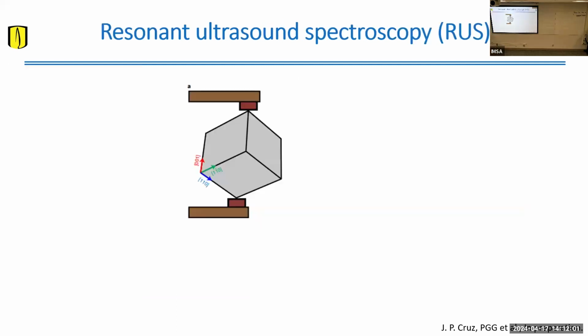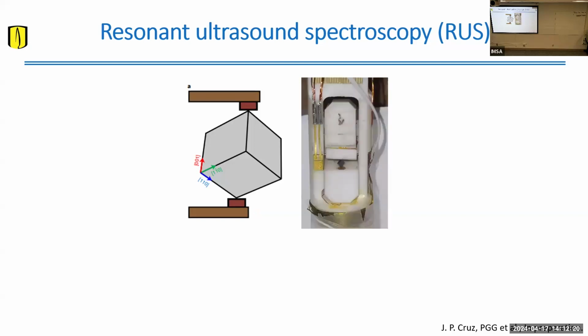And we tested this through this nice technique that we have in our lab, which is called resonant ultrasound spectroscopy, in which you can measure resonances that are proportional to the elastic constant in your system. So the elastic tensor in the system, I will show you in a minute.